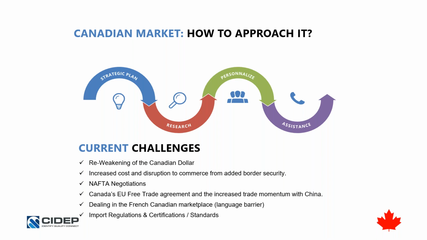The NAFTA negotiation is a little bit updated right now because we are still talking about the USMCA being put in place, but negotiations are still going on. What that means is that there is a little bit of instability regarding trade, and we can see that with the tariffs that were put in place for aluminium and steel that are now being taken off. There's also a wood dispute between Canada and the US.